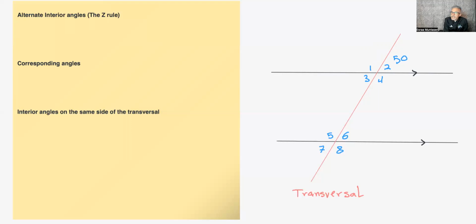Now, since that's the case, which angles are equal here and which ones are not? We have some terms that we mentioned here: alternate interior angles, corresponding angles, interior angles on the same side of the transversal. Don't worry about that now.